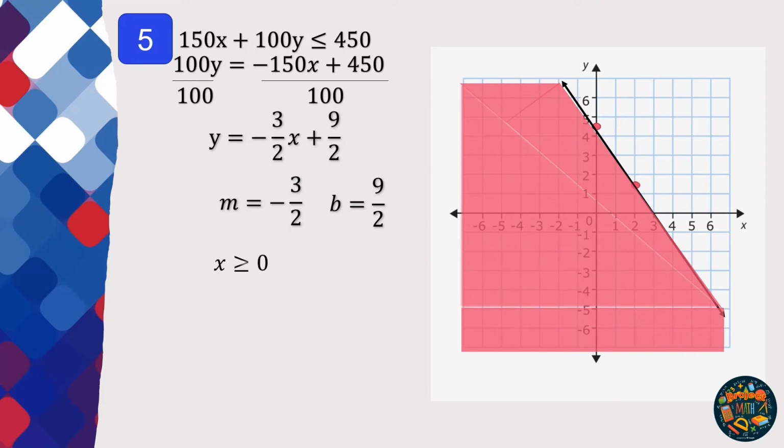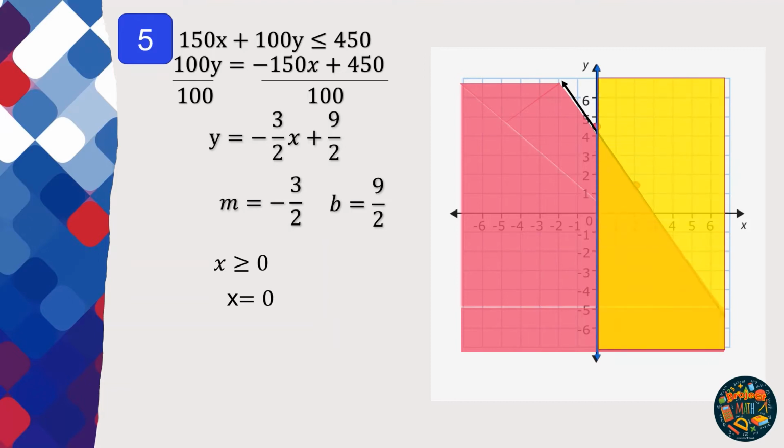Then, another is to graph x is greater than or equal to 0. So, when we transform into an equation, we have x is equal to 0. So, we have there a vertical line. And the shaded region, since it is greater than or equal to, doon tayo sa right part mag-shade.